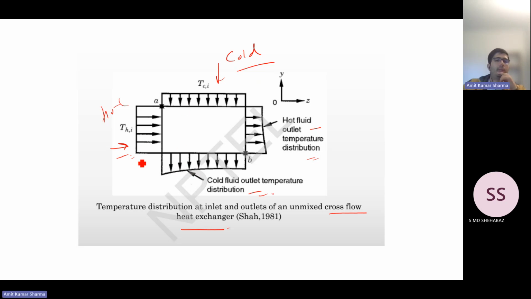You can see there is a little bit of a curvilinear approach of the temperature difference at the outlet for the unmixed cross flow heat exchanger.